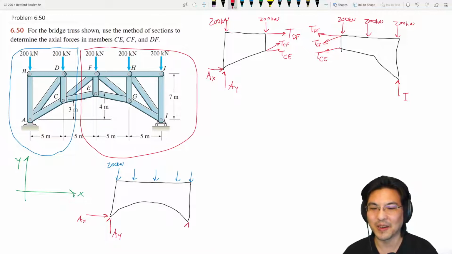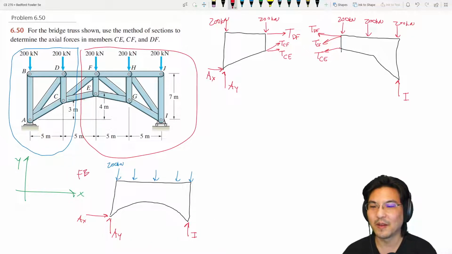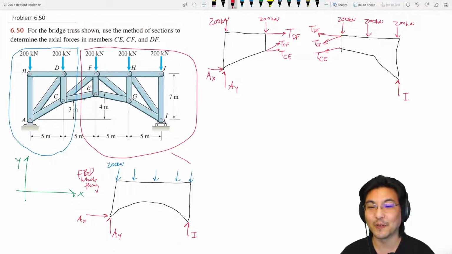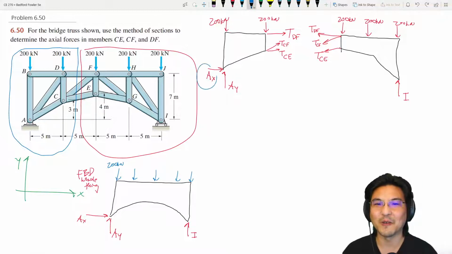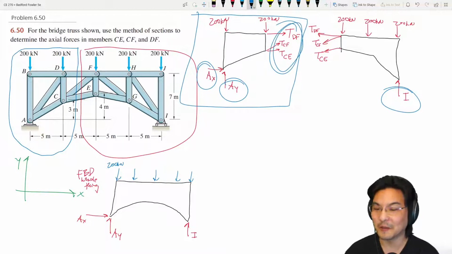And then there's the roller at I. Okay, so now for the free body diagram of the whole structure, now I have 3 unknowns, and I can write 3 equations. So for this free body diagram, I can already solve for the reactions at the supports. And once I know those 3, if you take a look, I will know these 3 unknowns. So that means for this section, I'll only have 3 remaining unknowns.